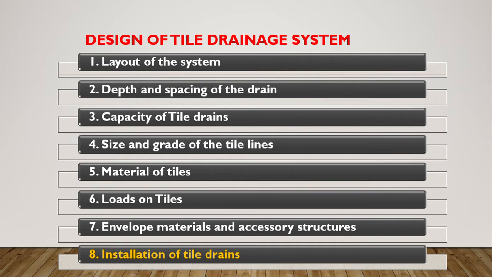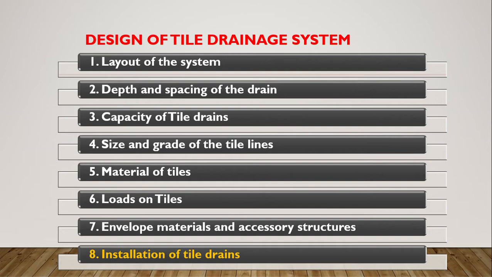First we see a layout according to the arrangement of the laterals, mains and outlet. After that we find the depth and spacing of the particular tile drain: how deep it should be laid, and how much spacing should be given between two tile drains. And after that we calculate the capacity, how much water the tile drain should collect.